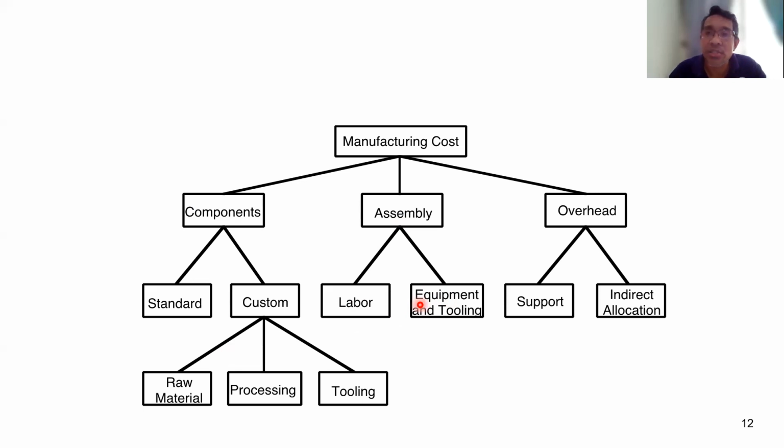And then overhead cost. Overhead cost is categorized by support and indirect allocation. We will distinguish these two types by support and indirect.